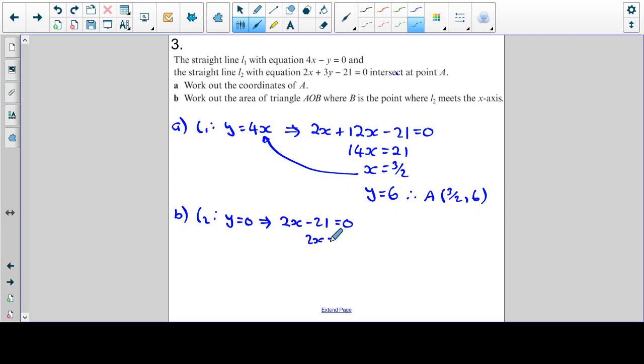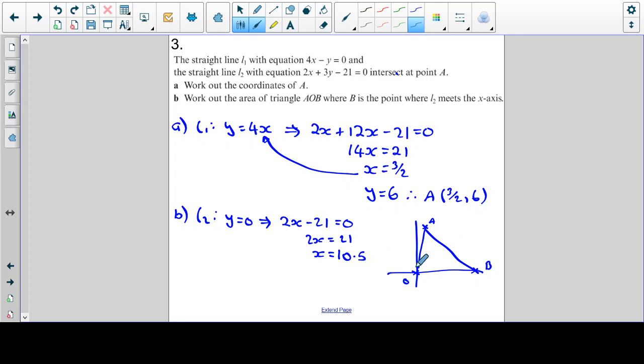So 2x is 21 and x is 10.5. So we have coordinates 1.5, 6 is A, 10.5, 0 is B, and then O is the origin. This is the triangle we're trying to find the area of.